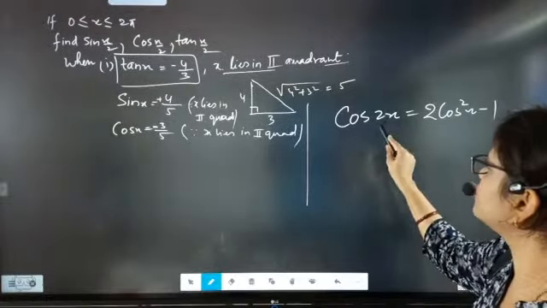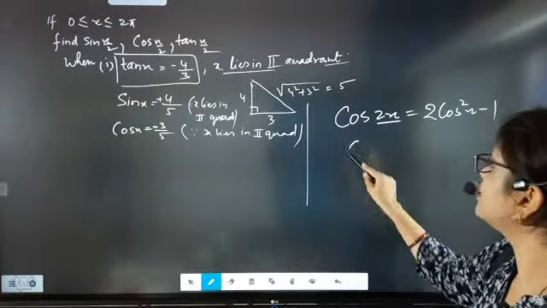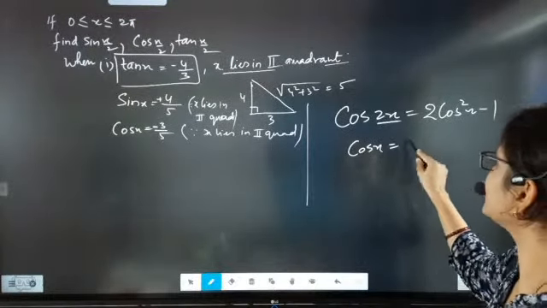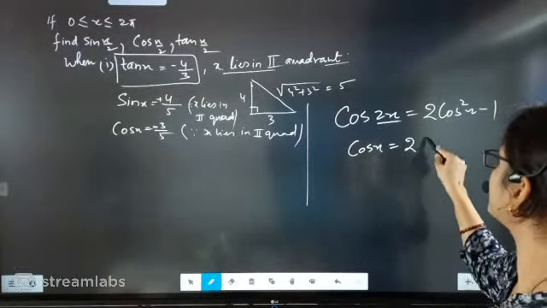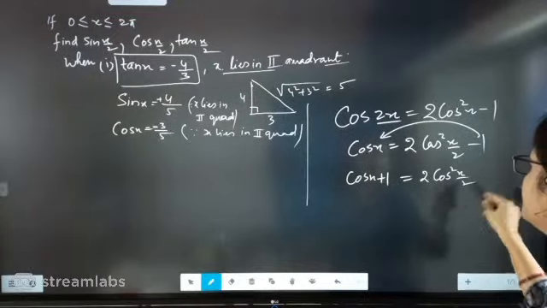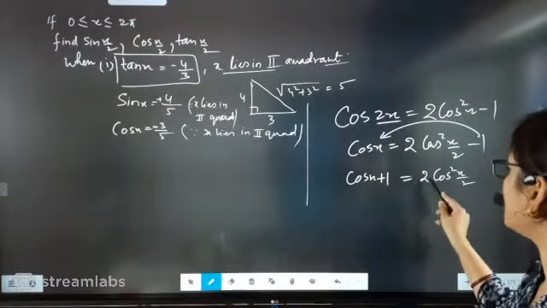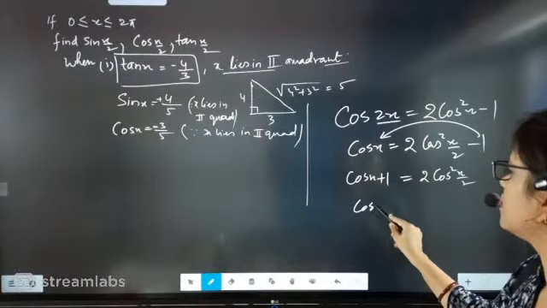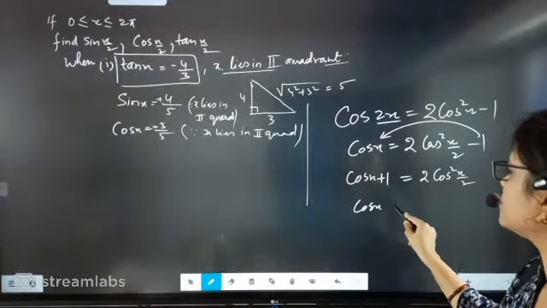Now if I reduce this angle by half, it will become cos x equals 2 cos square x by 2 minus 1. Then I shift this minus 1 to this side. Now I have cos x plus 1 equal to 2 cos square x by 2. Then I shift this 2 down: cos x plus 1 by 2 equal to cos square x by 2. Take the square root on both sides.